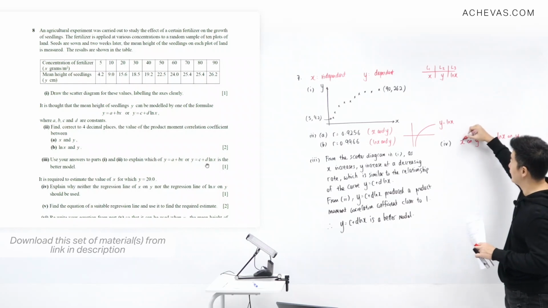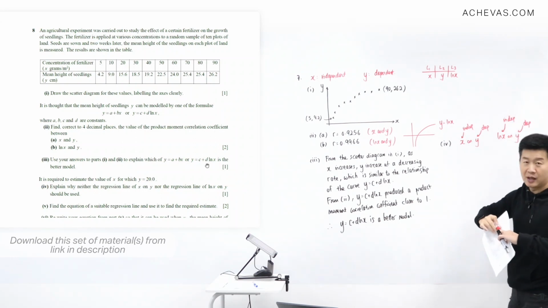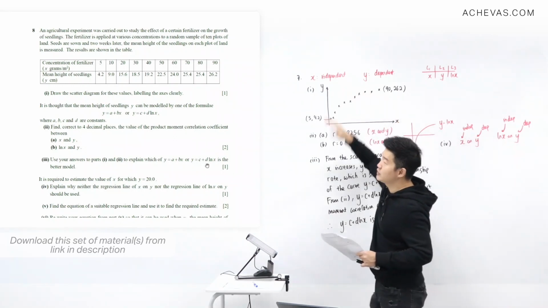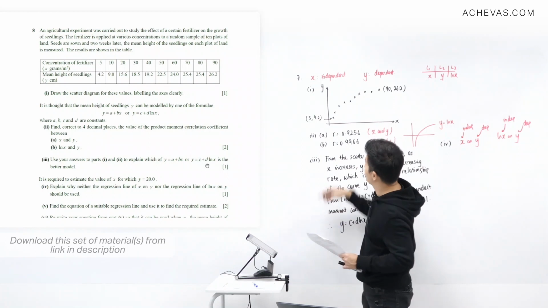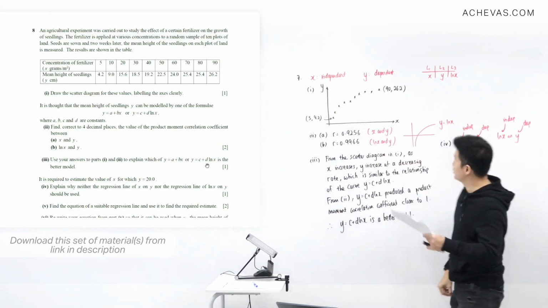If it is x on y, that means x is going to be the independent and y is going to be the dependent. Similarly, for ln x on y, ln x is the independent and y is the dependent. But from what we have analyzed since the very beginning, we have already deduced based on the information given by the question that x is supposed to be the independent. Y is supposed to be the dependent.